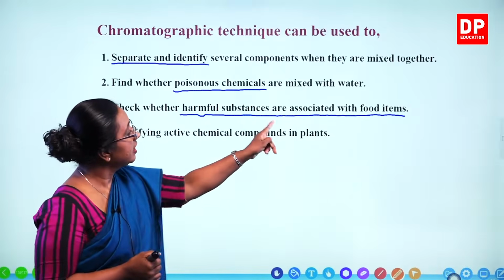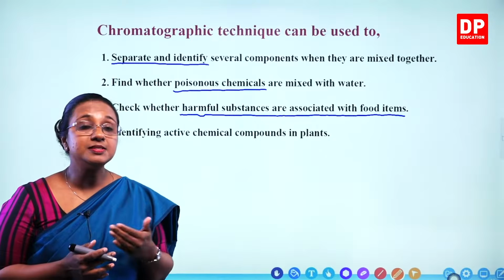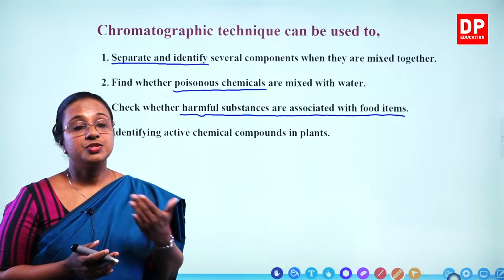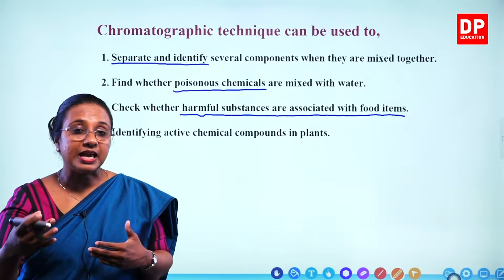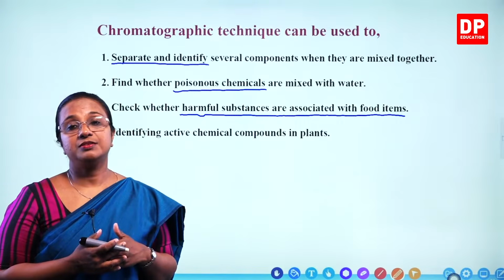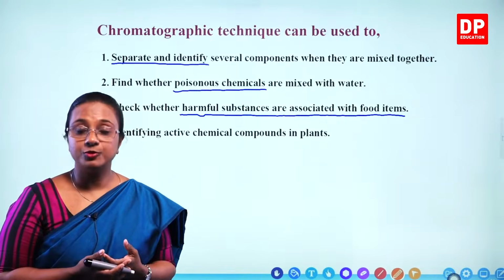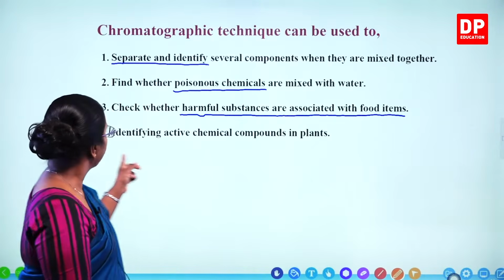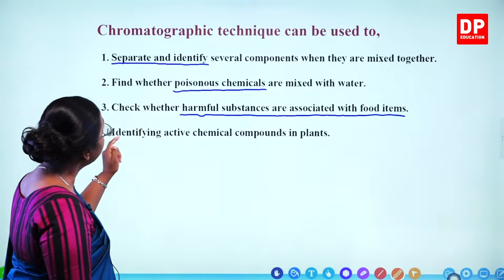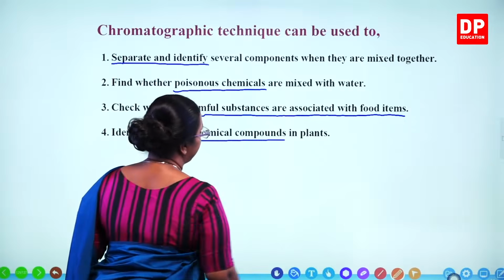The same way, if there are harmful substances present in food, we can take an extract of the food sample, run a chromatography, and from that identify the harmful component.